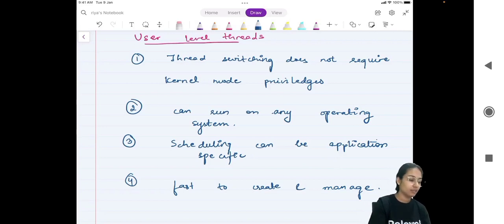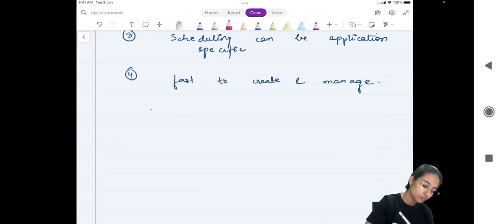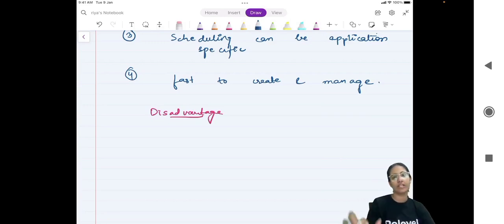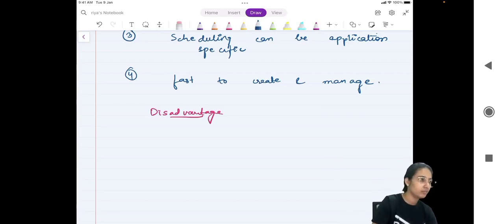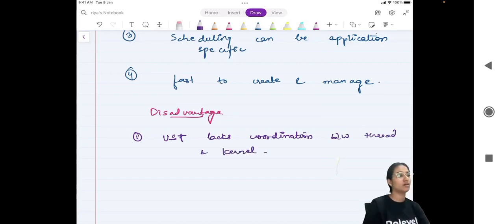Okay, but some of the disadvantages is that there is lack of coordination between the thread and the kernel. User level threads lack coordination between the thread and the kernel.